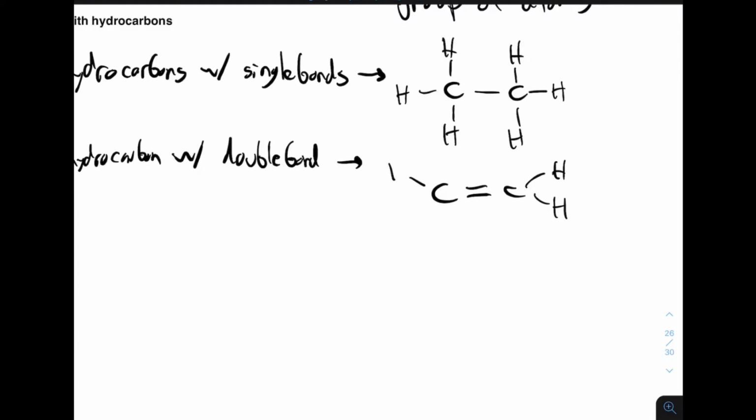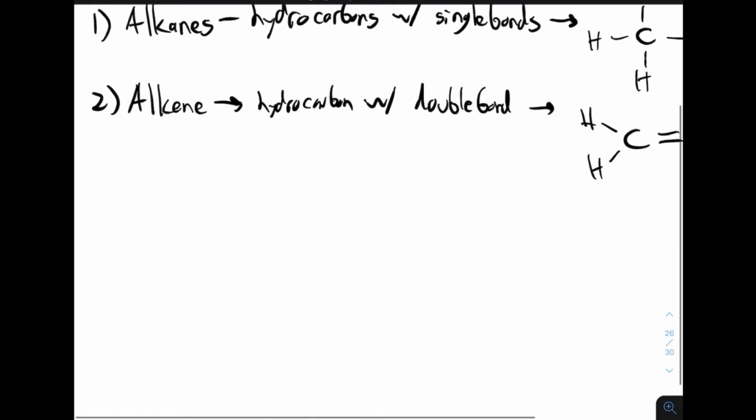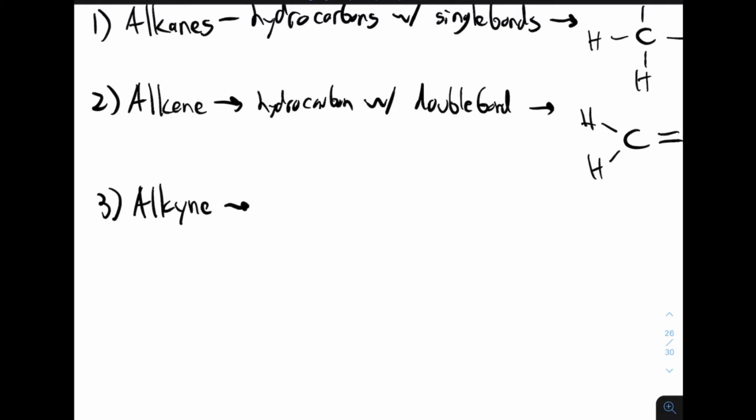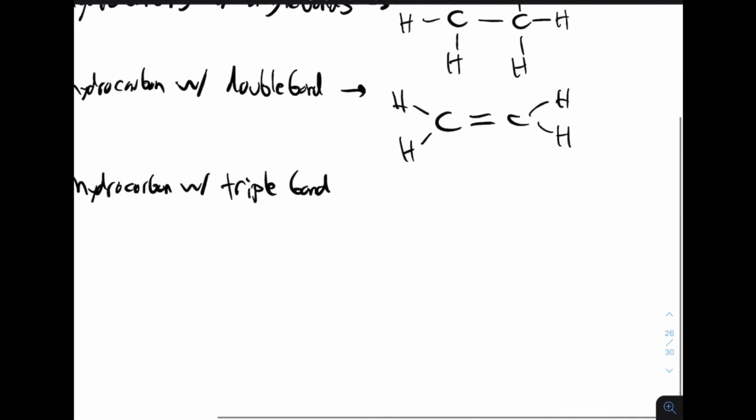So this is an alkene. And now what about a triple bond? In the case of an alkyne, this is a hydrocarbon with a triple bond. So these are sp carbons.